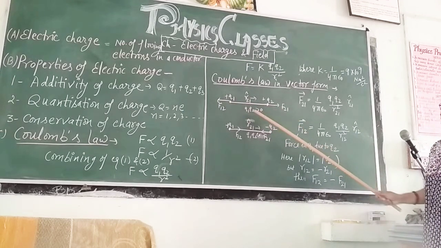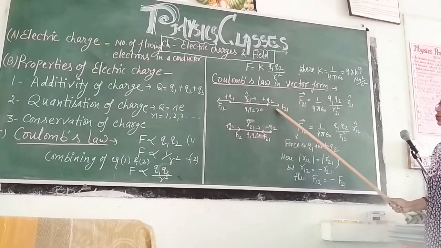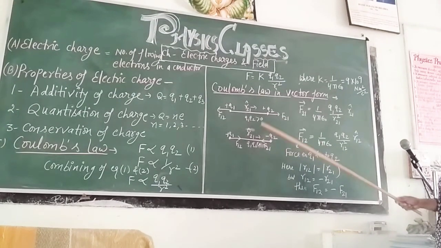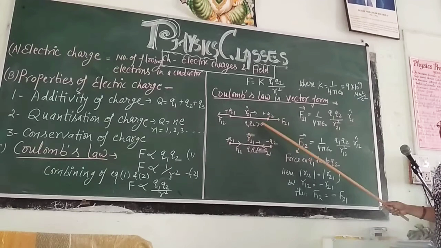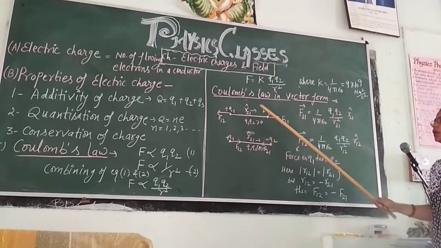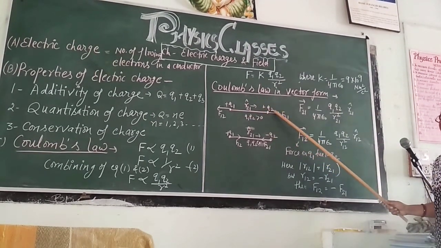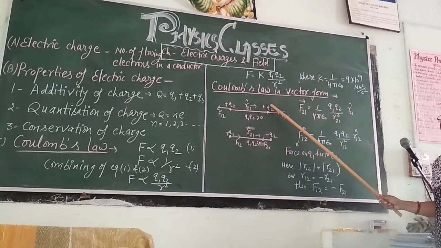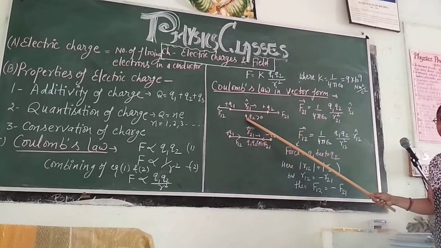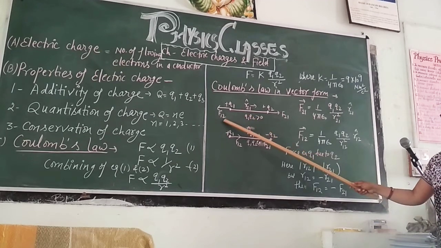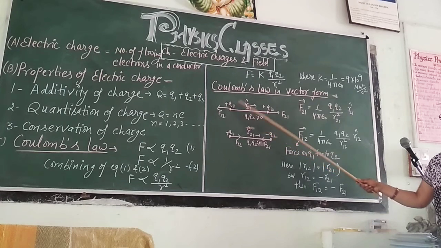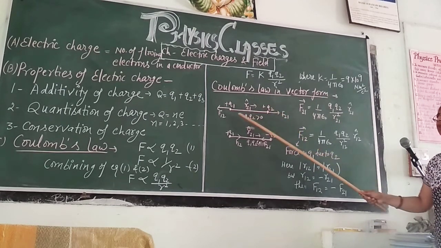From the figure we can see that q1 and q2, both charges, are fixed at their positions, static, and q1 q2 is greater than 0, meaning both charges are positive or both charges are negative. If both charges are positive or negative, then the force becomes repulsive in nature. F12 represents the force on q1 due to q2. The force on q1 due to q2 is also repulsive.